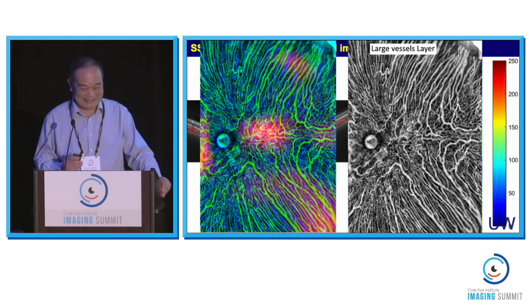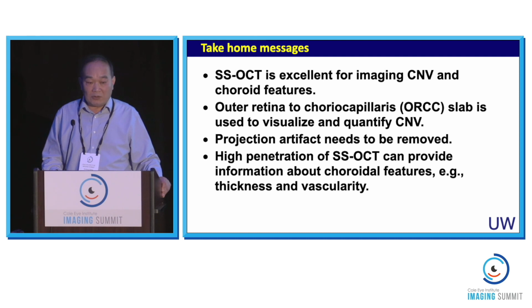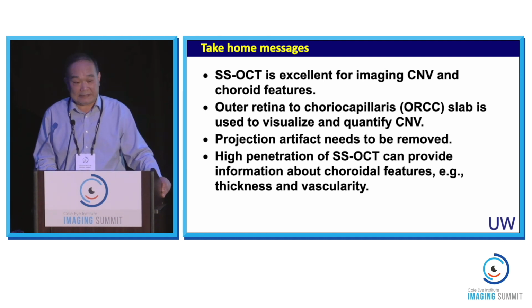Finally, the take-home message is that swept source OCT is really excellent for imaging CNV and choroid features. The outer retina to choriocapillaris slab, which we call the ORC slab, is best to visualize and quantify CNV.